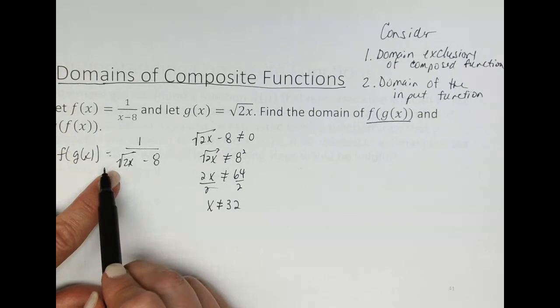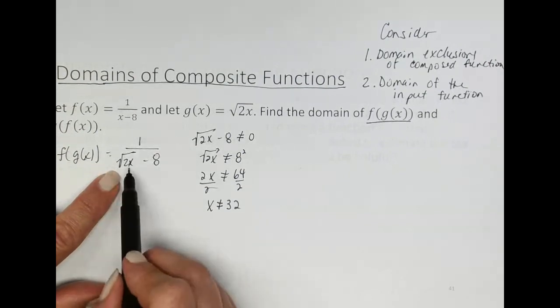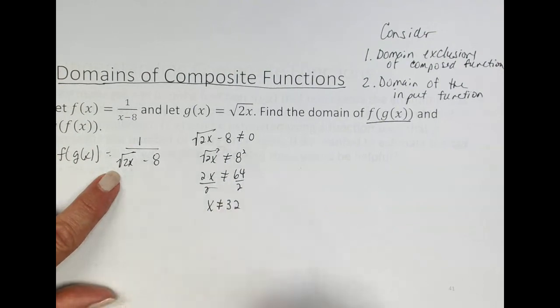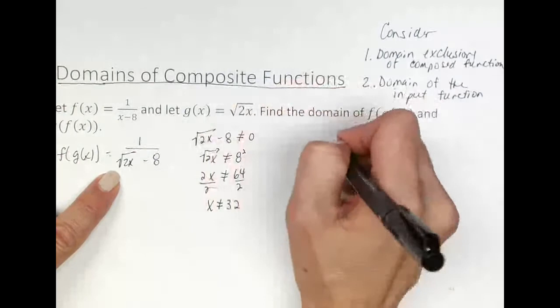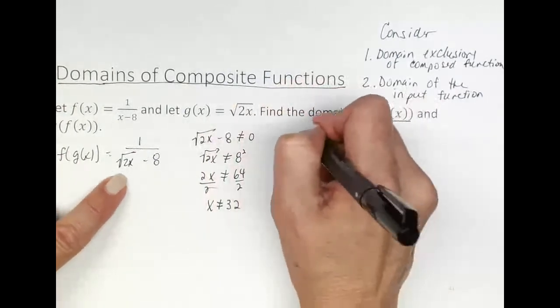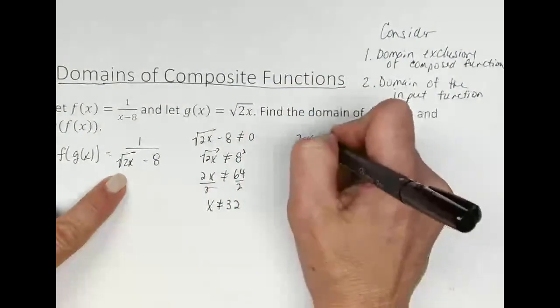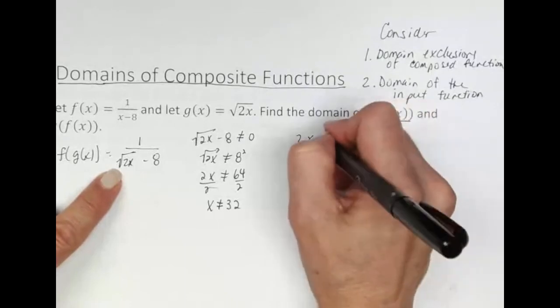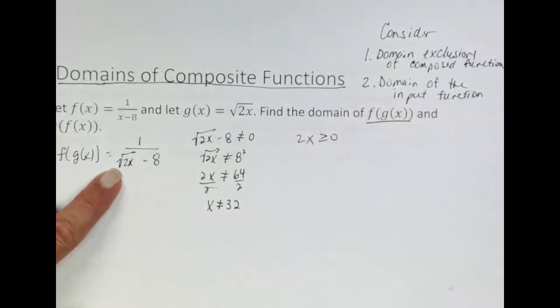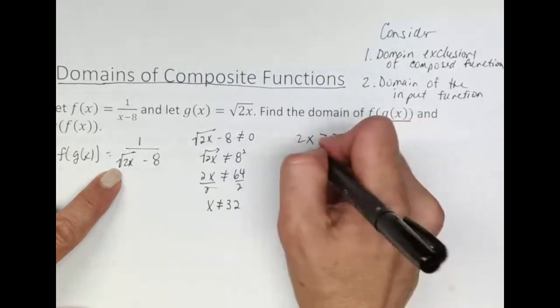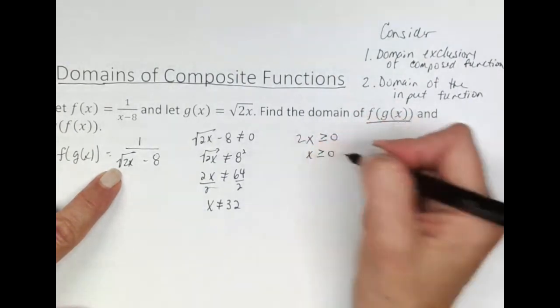We have to exclude that from the domain as well. So any value of x that made 2x negative can't be in there. Can 2x be 0? Yeah, that's fine. So 2x has to be greater than or equal to 0. Divide both sides by 2, and we have that x has to be greater than or equal to 0.